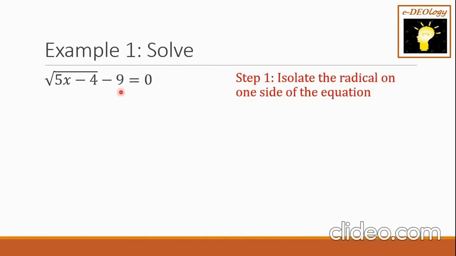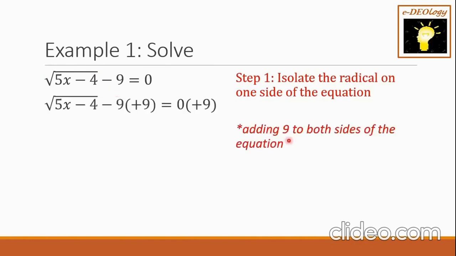We want this negative 9 to be deleted, so what we'll do is add 9 to both sides of the equation. So we can cancel the negative 9 and the positive 9 on the left side. And on the right side, 0 plus 9 will only be 9. So on the left side, the radical is now isolated.